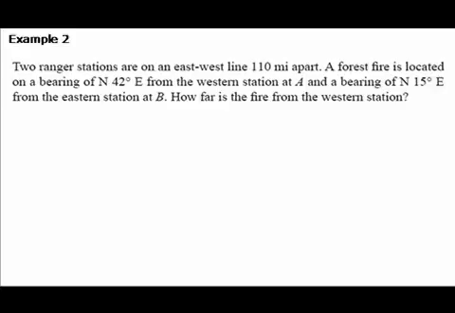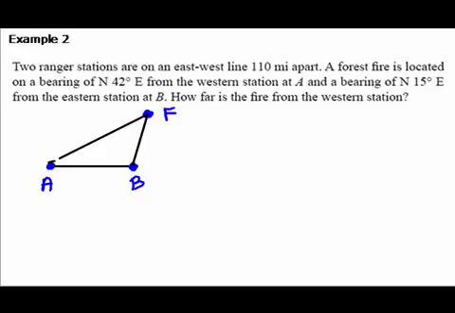So you have these two stations, A and B, on the same east-west line. Let's call this endpoint station A. Call this endpoint station B. And out here somewhere we have a fire. I'll label that point F.